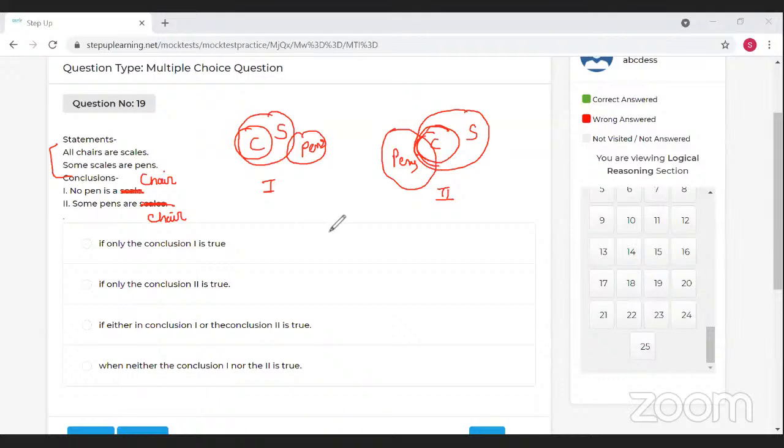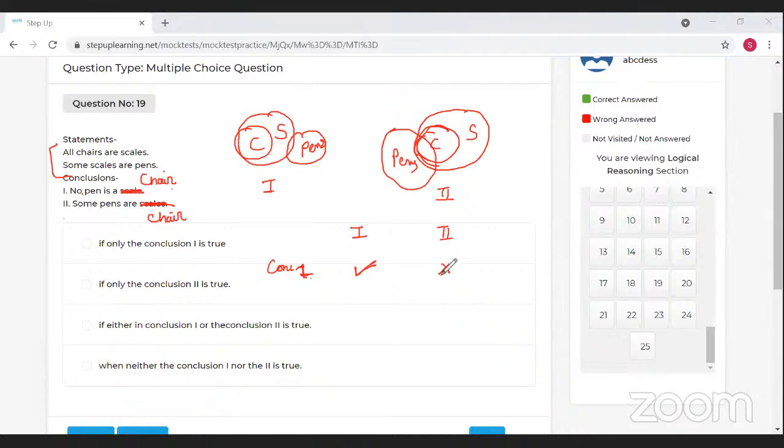So now what is happening? If I follow diagram 1 and diagram 2, conclusion 1 is what? No pen is chair. It's correct in diagram 1, but it is incorrect in diagram 2.